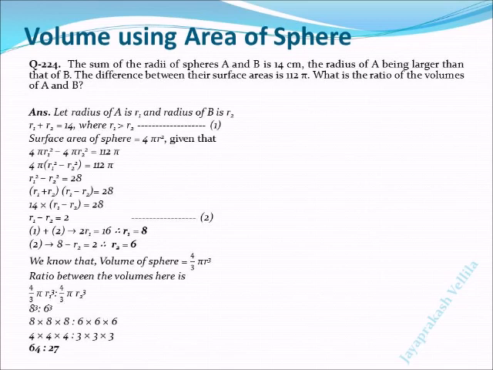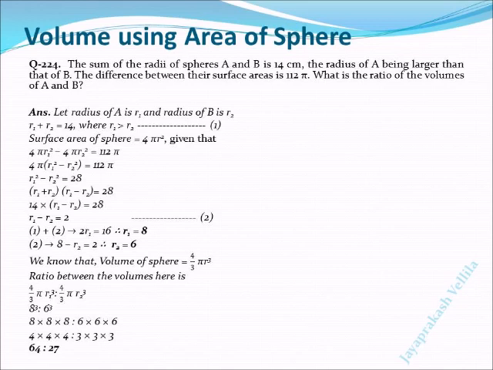So equation 1 plus equation 2 implies 2r1 equal to 16. Therefore r1 equal to 8. 16 by 2, 8. Put this value of r1 in equation 2, we get 8 minus r2 equal to 2. 8 minus r2 equal to 2 means 8 minus 2 equal to r2. Therefore r2 equal to 6.